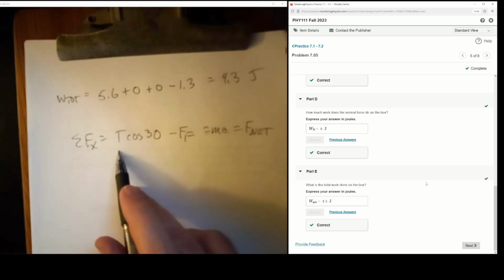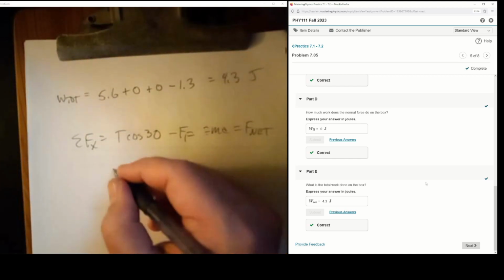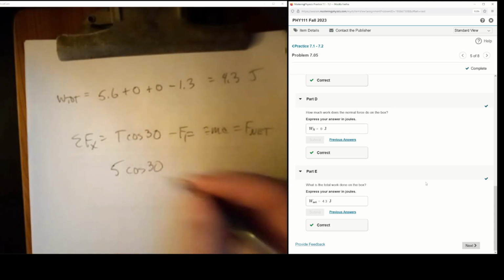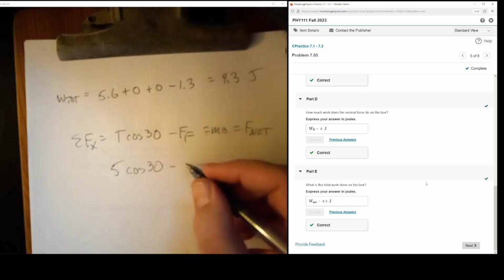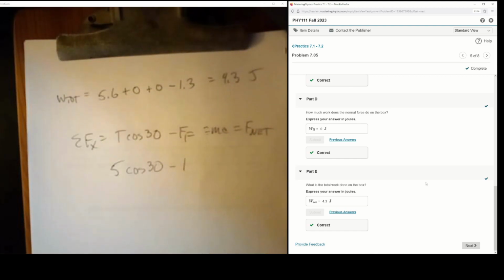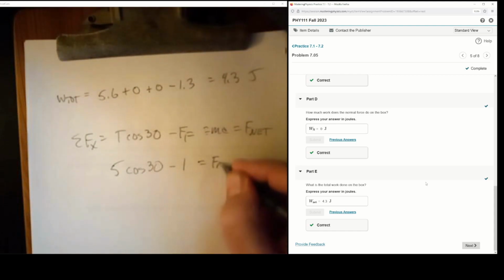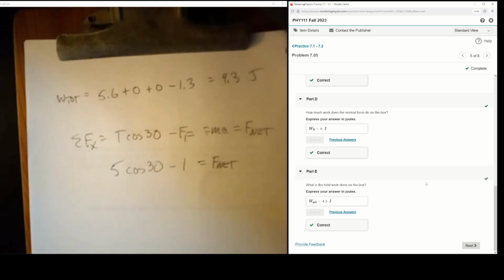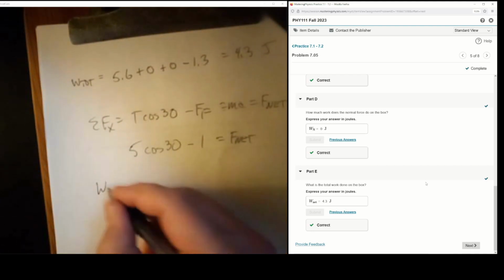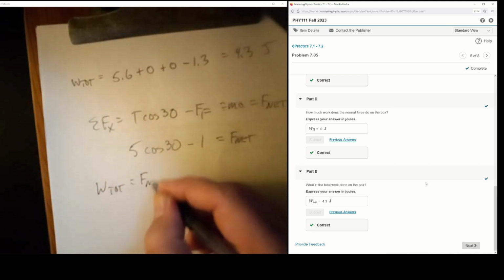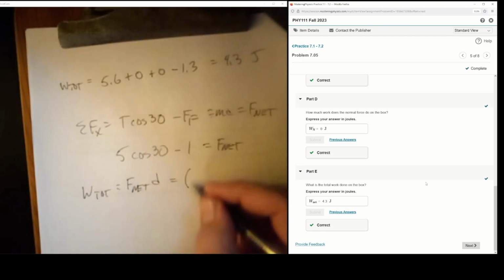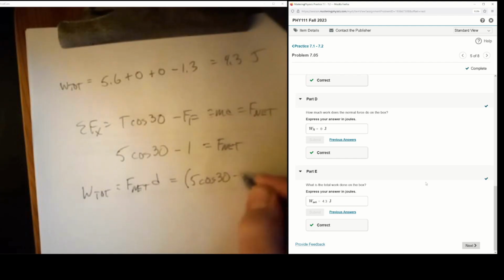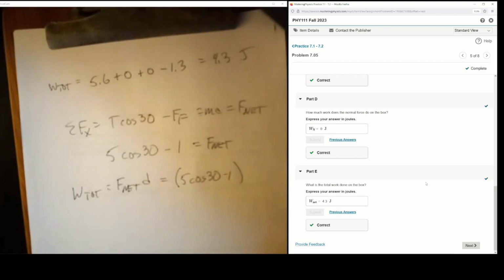And they told us that tension is 5, and they told us the force of friction is 1. This is the net force. So if I want to get the total work, that's the net force times displacement. Our net force is 5 cosine 30 minus 1, times our displacement, which was 1.3.